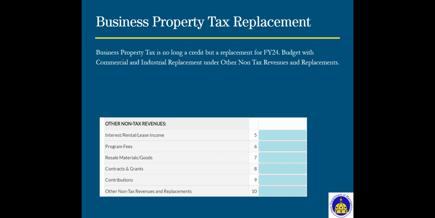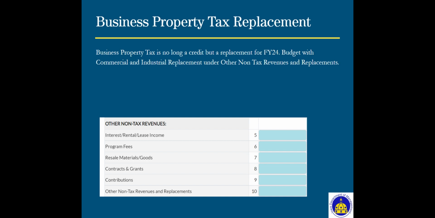And that begins with this 2022 assessment and fiscal year 24 budgets. So instead of this being a credit that you receive from the state as a replacement of the loss on levied taxes, it's going to now be a replacement because it's actually a valuation reduction.